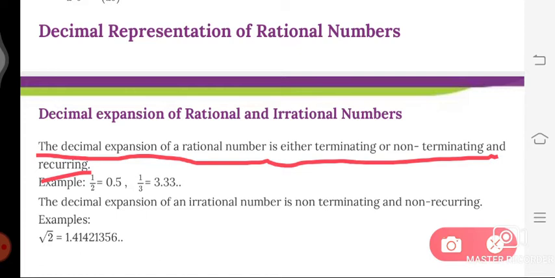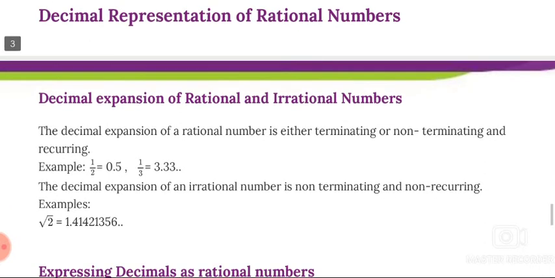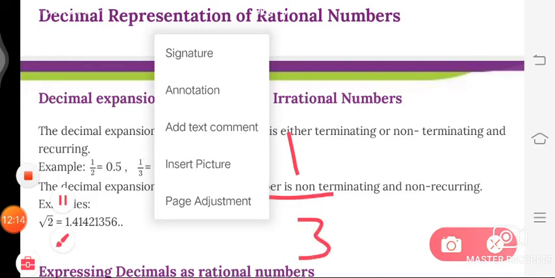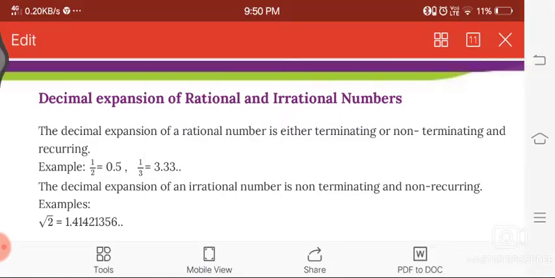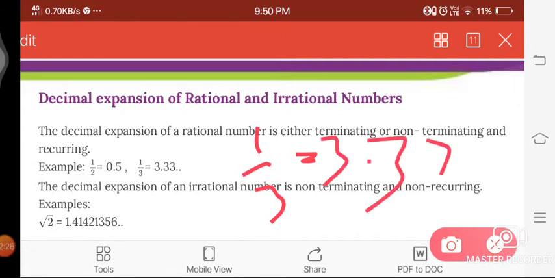Like 1 by 2, it will be 0.5, it is terminating. And like 1 by 3, it is non-terminating. It's 0.333, and this 3 occurs many times, so it is recurring and non-terminating.